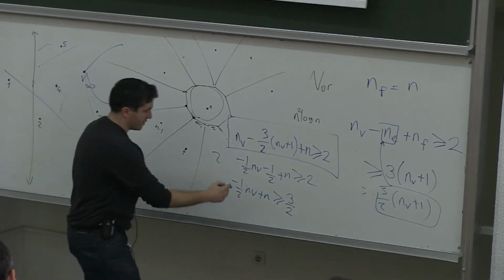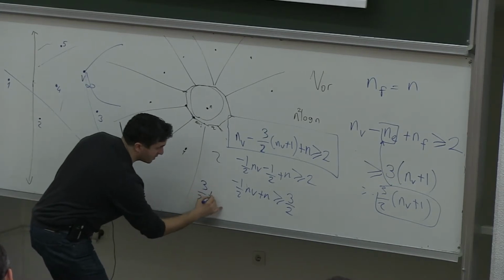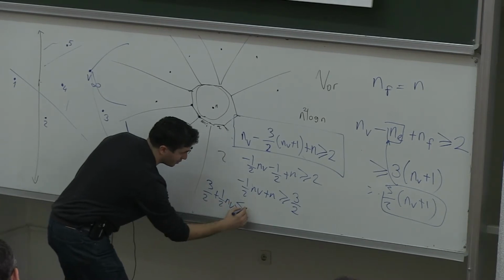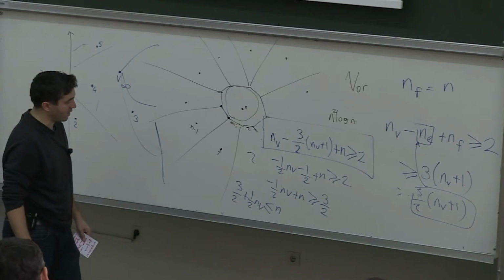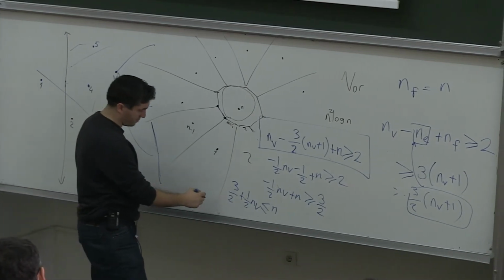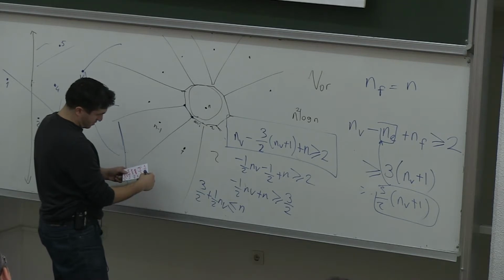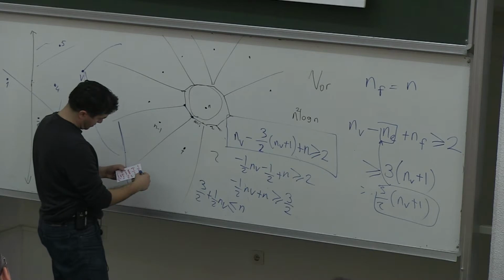And if I put it over there, 3 over 2 plus 1 over 2 nv is less than or equal to n. So I just reversed the equation. So it's going to be, right? Yes, I think I'm doing it right.